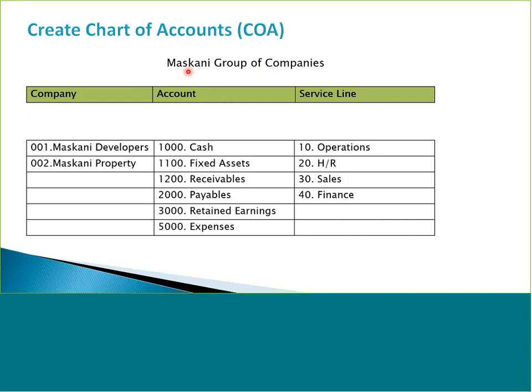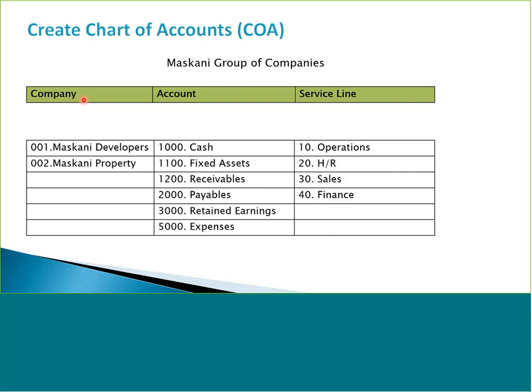So why is this called a balancing segment? As we know, when you enter journals, journals have two or more lines, and these lines represent debit and credit activity. Debit and credit activities have to balance, they have to equal. So for every debit, there has to be an equal credit. The Oracle system is able to tell that a journal is balanced using the balancing segment.